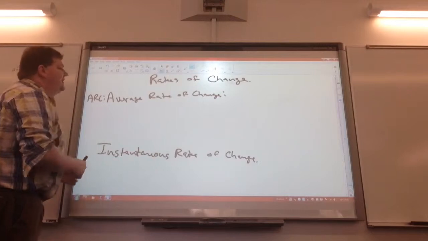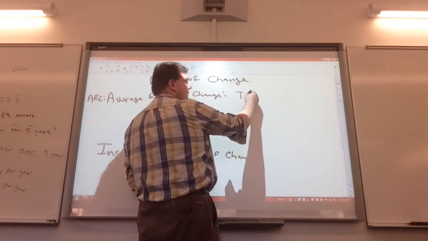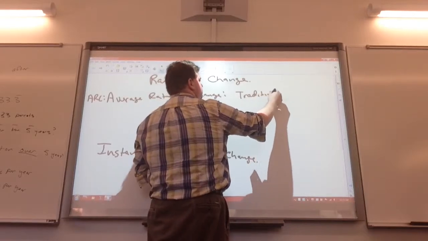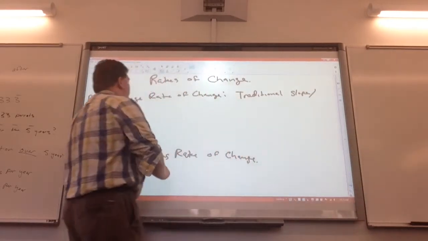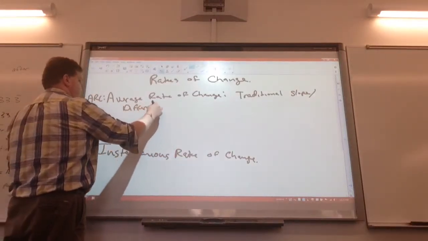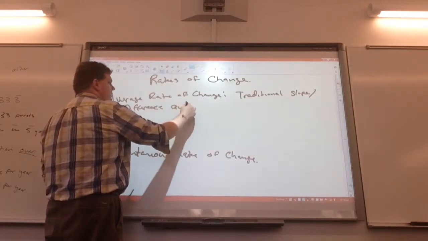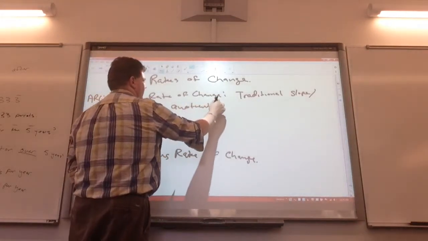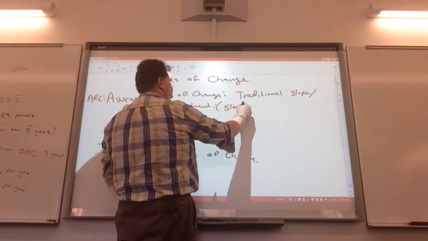So average rate of change is basically traditional slope, the traditional difference quotient. And it's the same thing as the slope of a secant line.